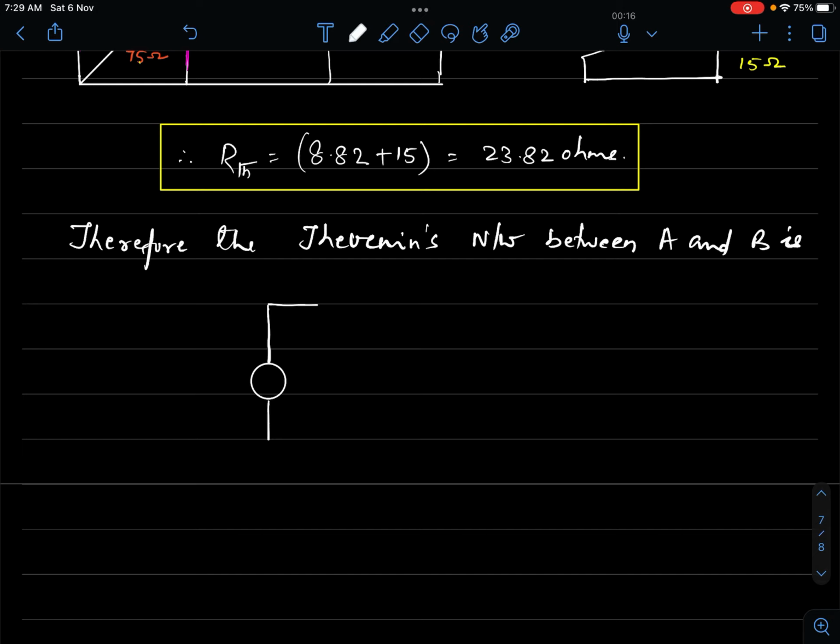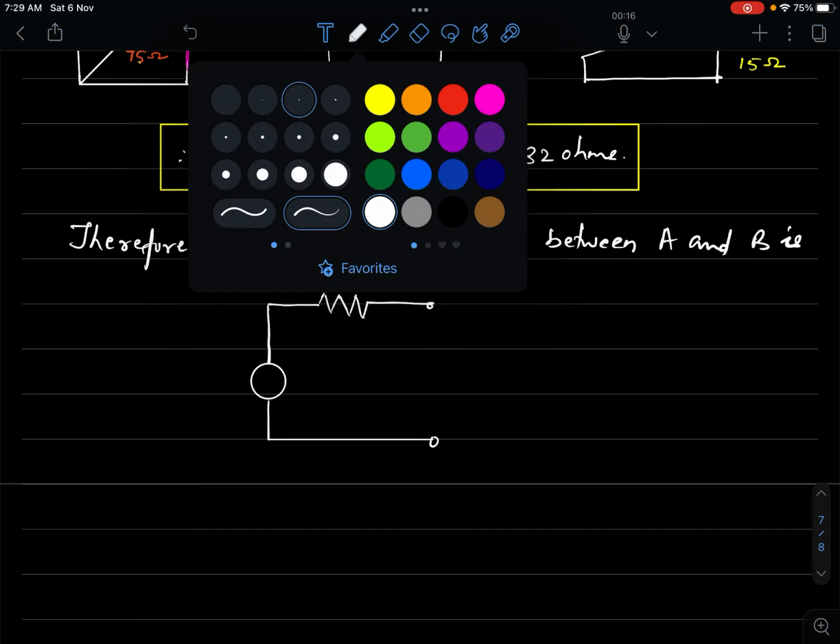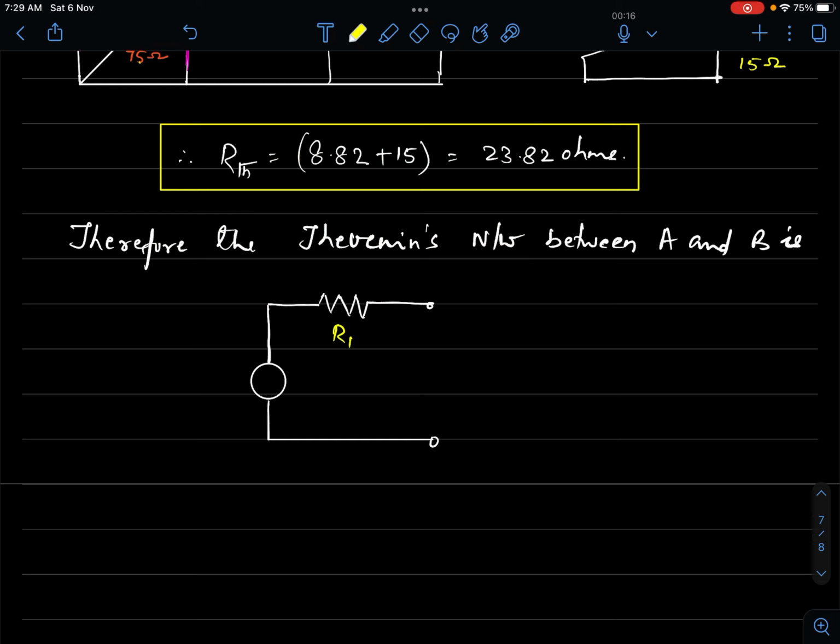This is my voltage source. I have a resistance in series with this voltage source. Now this is A and B. I'll put the values. This is my RTH, 23.82 ohms, A. This is my B. This is my VTH. How much is VTH? It is, I suppose, 37.26.